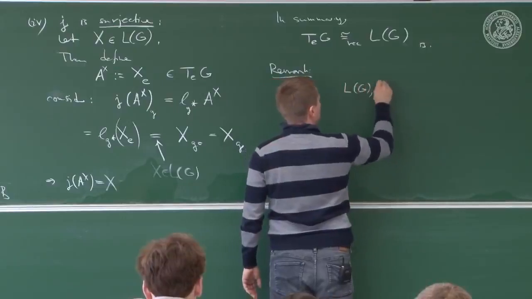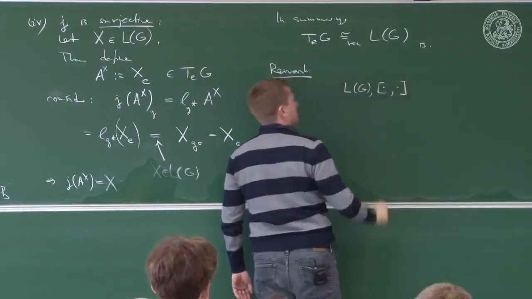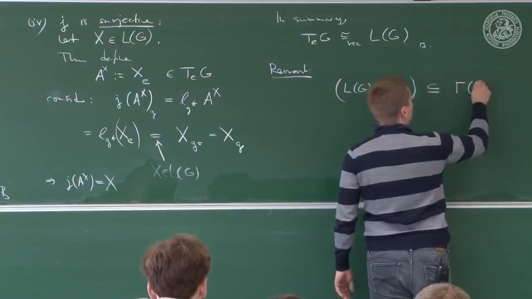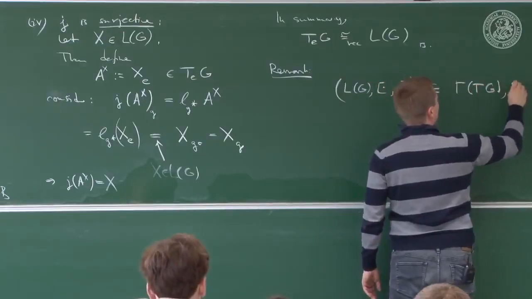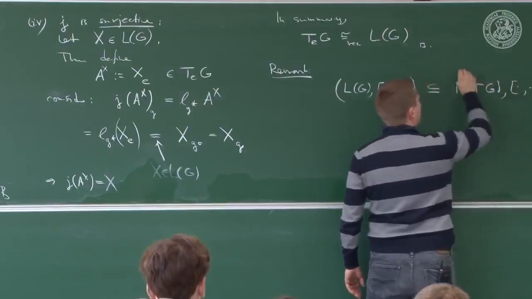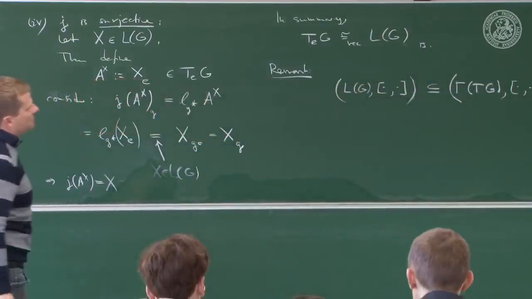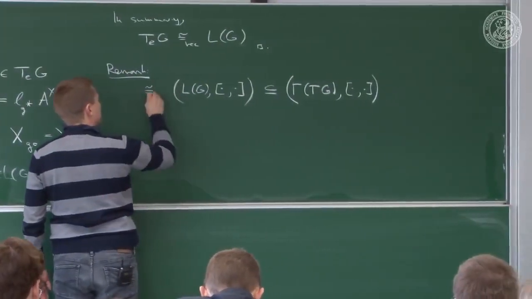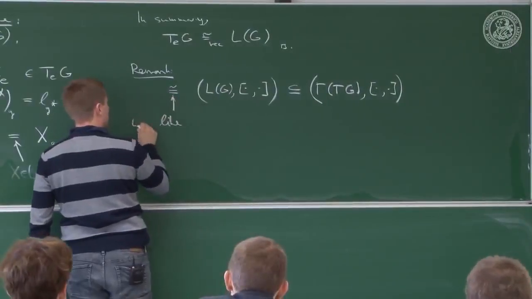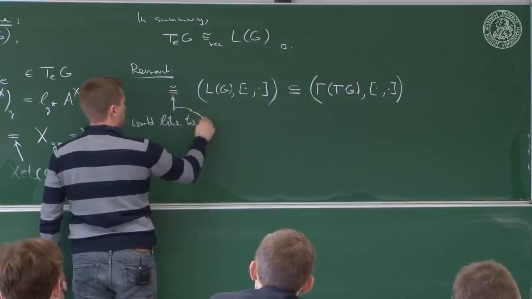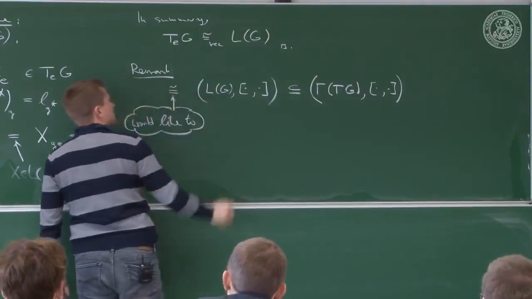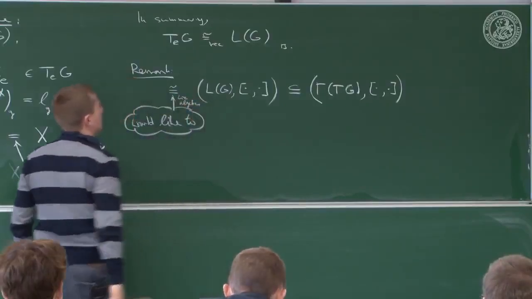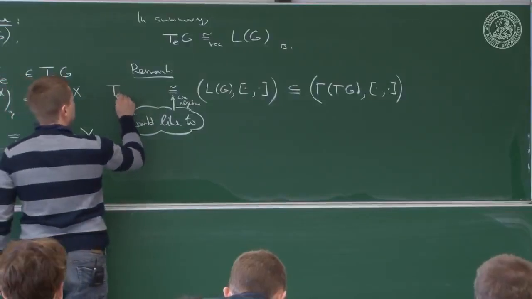L of G equipped with the commutator bracket of vector fields, we already recognized as a Lie subalgebra of the Lie algebra of all vector fields equipped with this bracket. And we would so much like to have here an isomorphism of Lie algebras, a Lie algebra isomorphism with TEG.